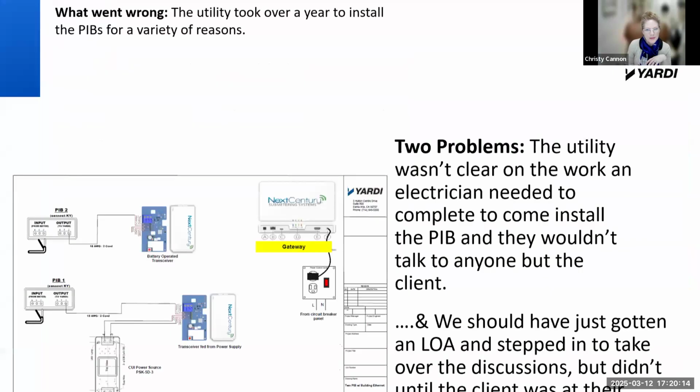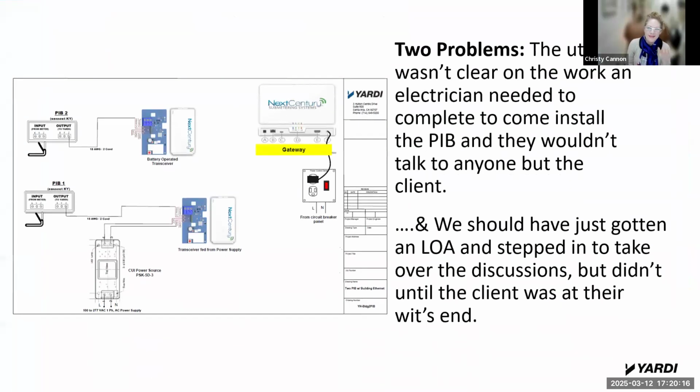So what happened was two problems. One, we did go with the utility installing PIBs, and this was a municipal utility who installed PIBs on water, gas, and electric. The problem was that the client, the facility manager at the site, really wanted to own this project and didn't really want Yardi involved at this phase. And so that facility manager, who's not an electrician, was talking to the utility.